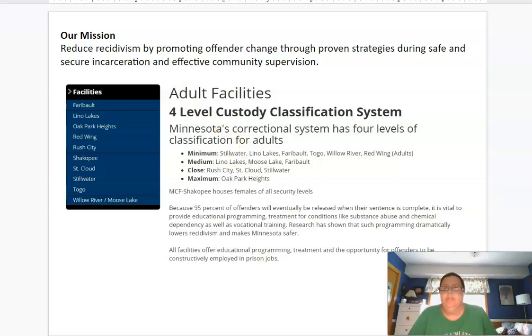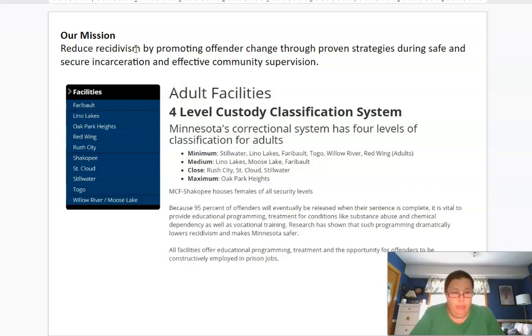So when we look at the purpose of the prison system, you're going to see the mission here: to reduce recidivism. Recidivism is just the tendency to repeat. So the mission of the Minnesota prison system is to reduce repeat offenders through programming, supervision, and classes.